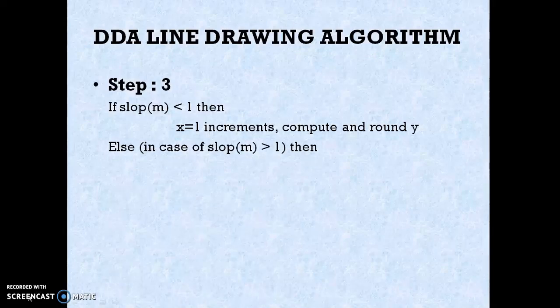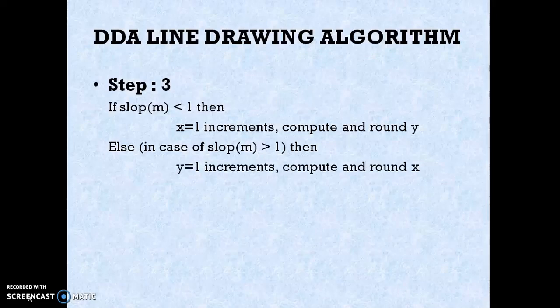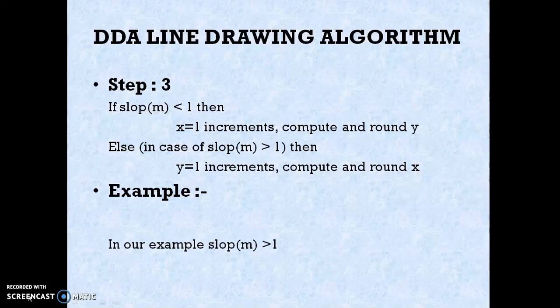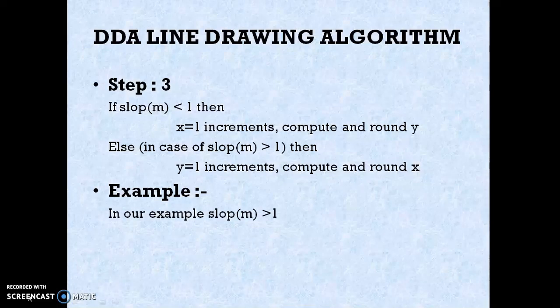In case 2, if slope m is greater than 1, then y is incremented by 1 and x is computed and later it will be rounded off. In our example, slope m is equal to 1.25. So we can say that slope m is greater than 1.